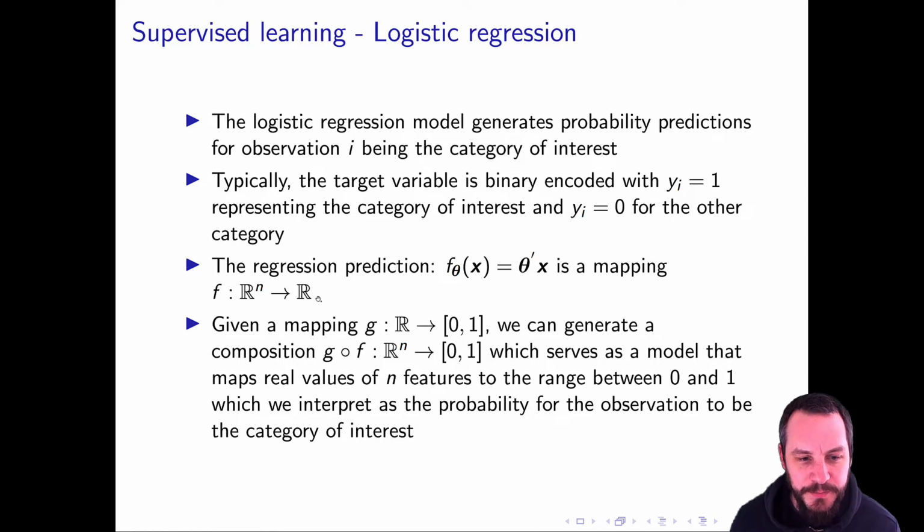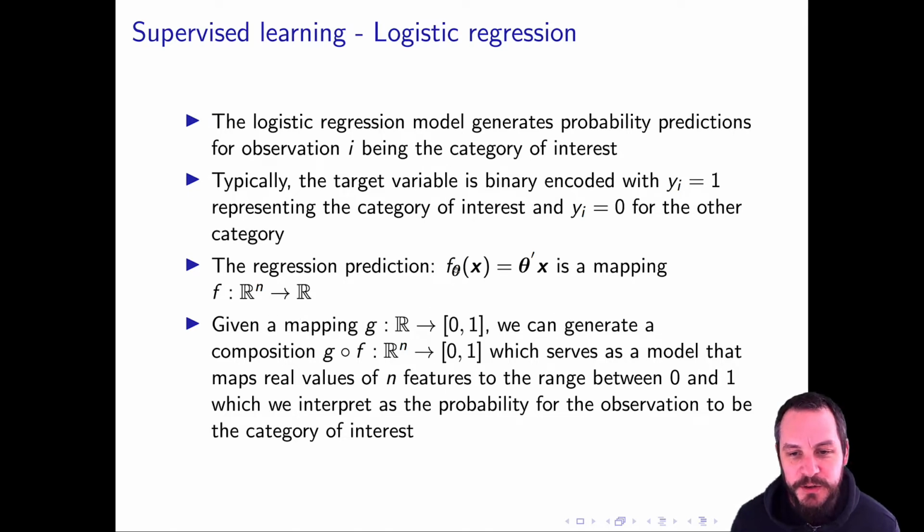Now for the logistic regression model, even though in the first step we get a real valued number, we still need to map it to the range between 0 and 1, because it represents a probability. And this is achieved by using what is mathematically called a composition.